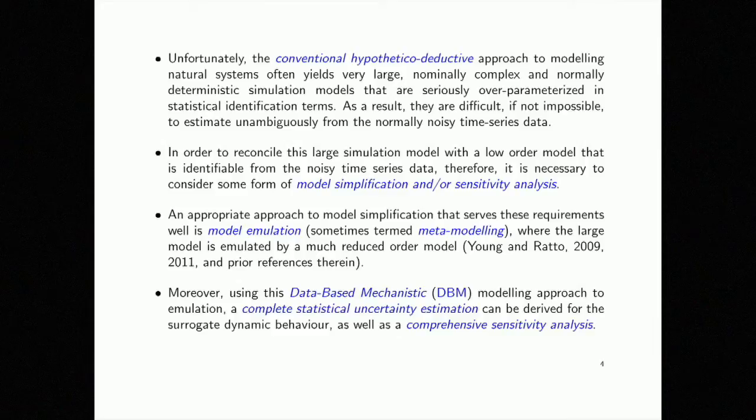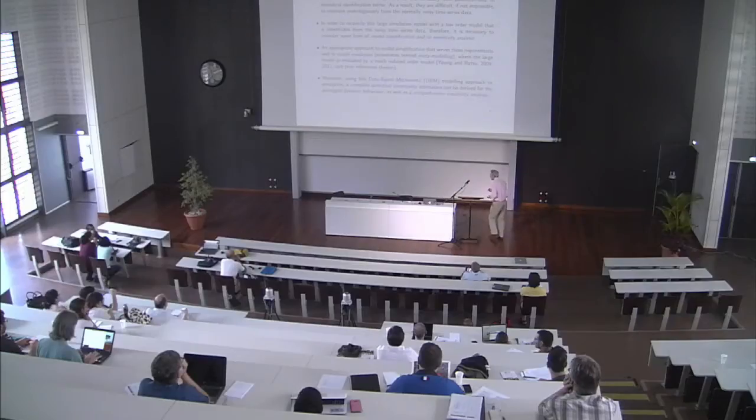You'll see my model is very small in terms of dynamic order. And that's another thing that I should stress: the DBM approach is intended for dynamic systems. A lot of the examples this week have been static systems. This is dynamic systems described by differential equations or their equivalent difference equations.